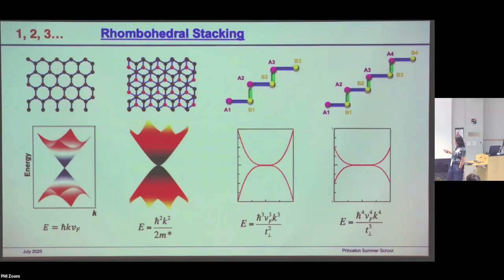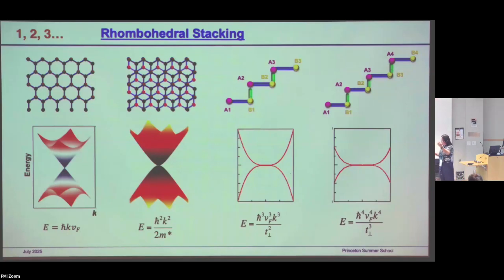The way to understand it, on a very hand-wavy level, is that the stacked graphene atoms, in this case A2 or B1 and A3 and B2, hybridize to form higher energy bands. They split on the order of the interlayer tunneling, which is a fraction of an eV.